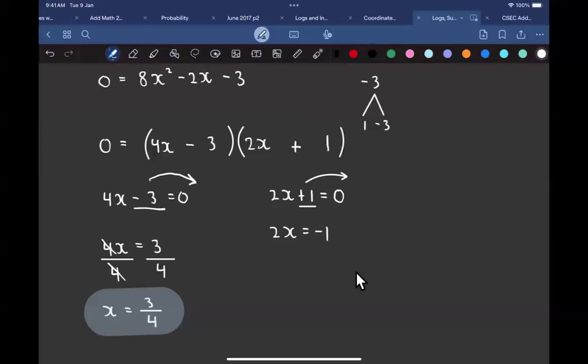You're very close. Wait, what should we divide by on both sides? Just 2, no x. I always make that mistake. Just 2, like I say, it must cancel off. So x is equal to minus 1 over 2.